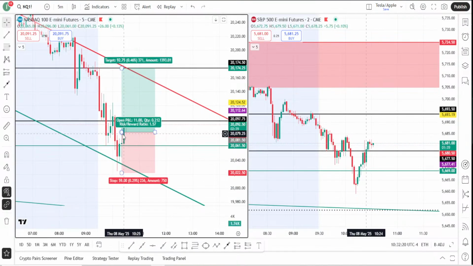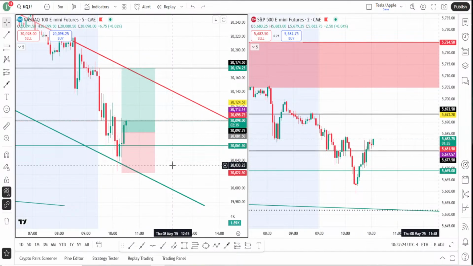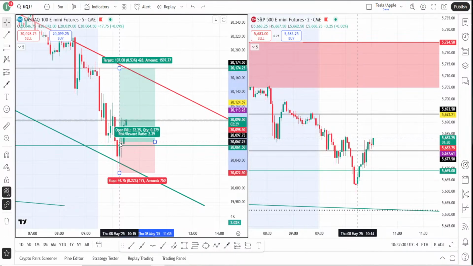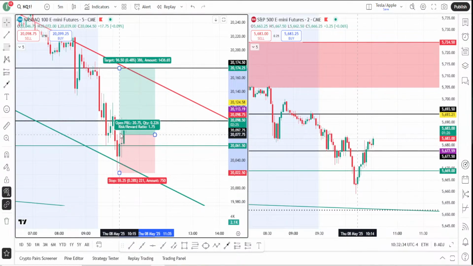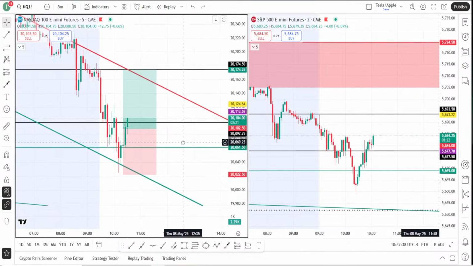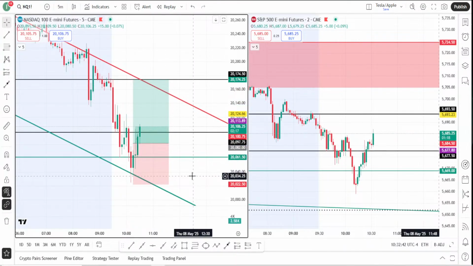But I don't want to enter after the confirmation. I want to almost anticipate the move, because then I can keep my risk a lot tighter down here than if I enter over here and the market starts to pull back on it. So I like to keep it as tight of a risk as possible.